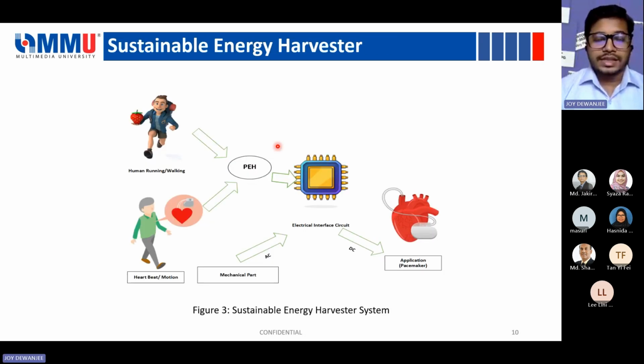This is the sustainable energy harvester, where we use human vibration and a piezoelectric material in a piezoelectric energy harvester, along with an electrical inductor circuit used to enhance the voltage and convert the AC voltage to DC voltage. I will describe this later, going directly to the pacemaker application.